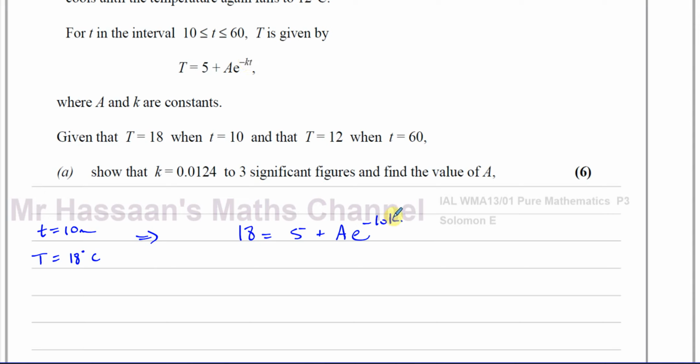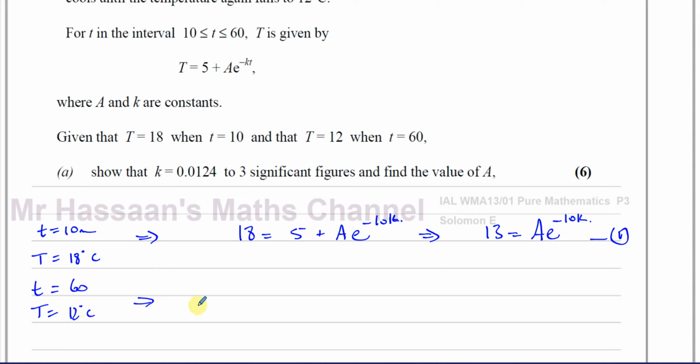That is one equation, which we can simplify a bit by subtracting 5 from both sides. So we have 13 equals A e to the power of minus 10k. That's equation 1. And the second equation: when the time equals 60 minutes, the temperature is equal to 12 degrees Celsius.